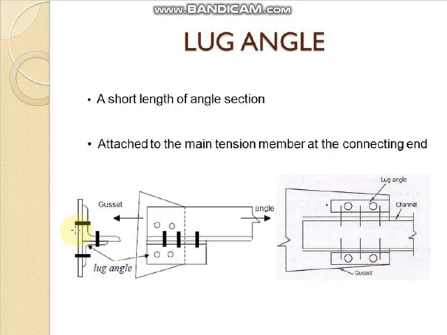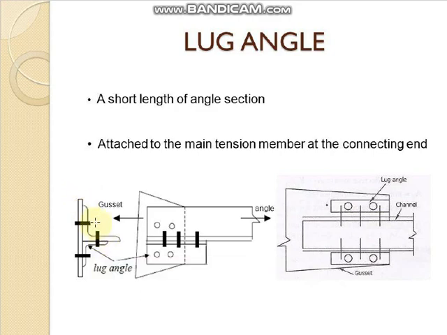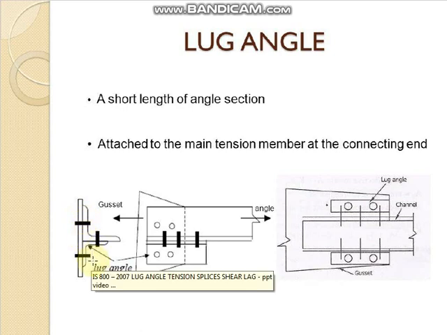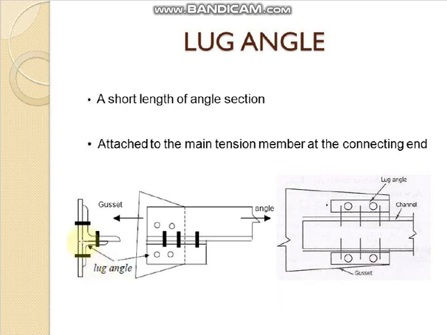If the load is heavy and the number of bolts or length of the weld required for making the connection are large, the size of the gusset plate required may be uneconomical and the structure will not look good. So, as an alternative to this, an additional angle is used along with the tension member to reduce the length of the joint and consequently the size of the gusset plate. Such an angle is called a lug angle.